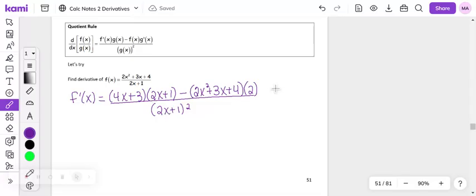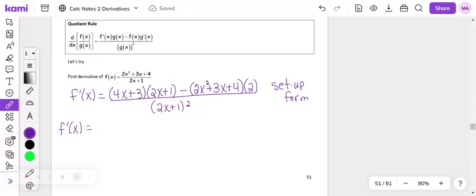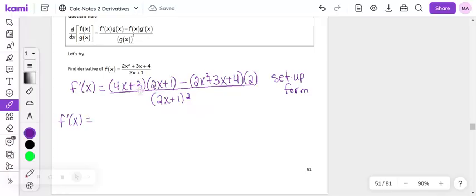Now here's what I can tell you. This is setup form. And often we will tell you, leave it in setup form. Well, not this time. We're going to go ahead and simplify. Again, just making sure you know how, so when you have to do it, you can do it. So we're going to FOIL this.